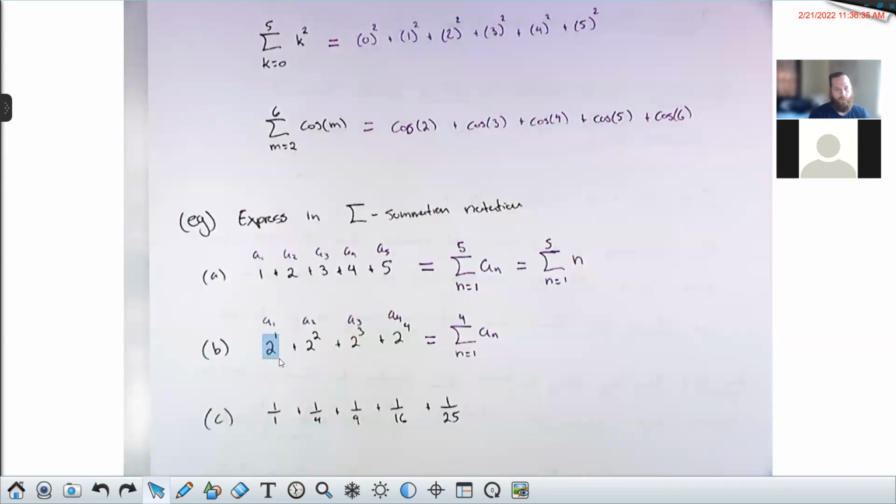So I've got a 2 to the 1 for A1, 2 to the 2 for A2, 2 to the 3 for A3, 2 to the 4 for A4. What would A5 have been? There was a next term there. What would that next term have been? Yeah, very good, 2 to the 5.